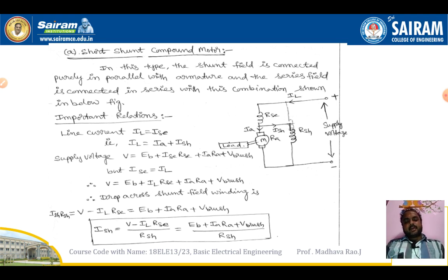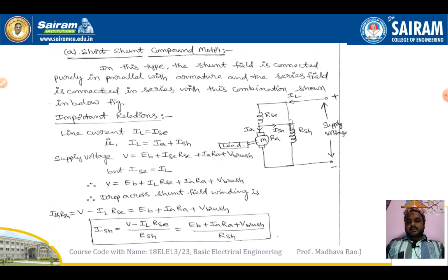Coming to the important relations, IL is equal to ISC, and IL is equal to IA plus ISH. Supply voltage V is equal to EB plus ISC RSC plus IA RA plus V brush drop. But ISC is equal to IL, so V is equal to EB plus IL RSC plus IA RA plus V brush drop.